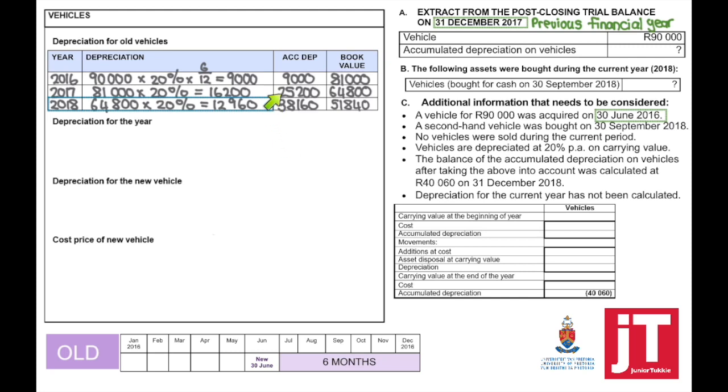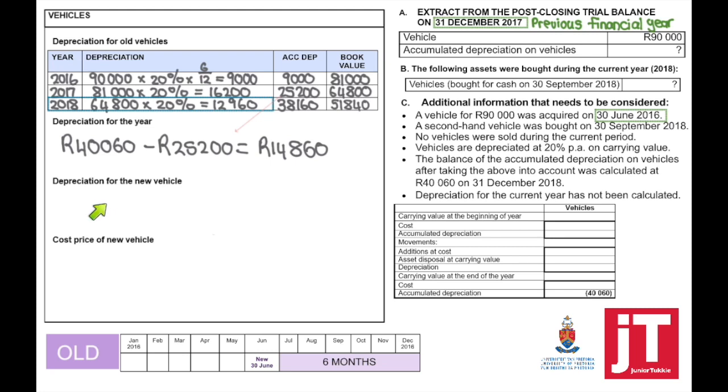And we have just calculated the accumulated depreciation in the beginning of the current financial year. So to find out the depreciation for this year, we're going to take the end balance minus the accumulate in the beginning, which means my depreciation for this year is 14,860. This will include the old plus the new.